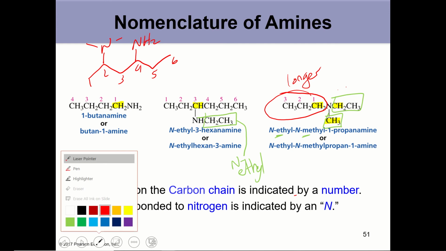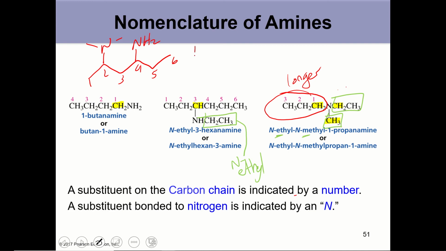And we would indicate the substituents for this molecule as N,N, because there are 2 methyl groups, dimethyl, then indicate where the nitrogens are on the main chain, 2,4, hexane diamine.